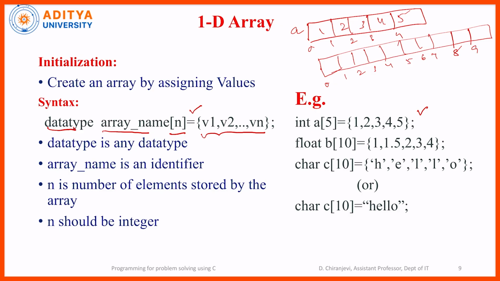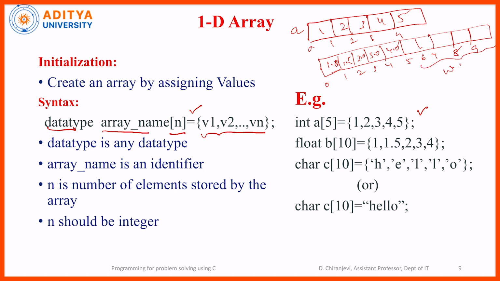Now you store values like 1.1, then 1.5, then 2.2, then 2.0, 3.0, and 4.0. The rest of the memory will be wasted.